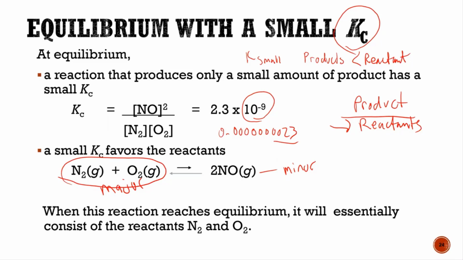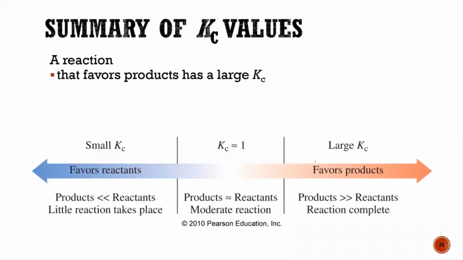But again, essentially once we can calculate that K, now we know at equilibrium, even though the rates are the same, where is there more? Are there more people in the club or are there more people in the line? Well, K tells us. And this is kind of what I'm showing.